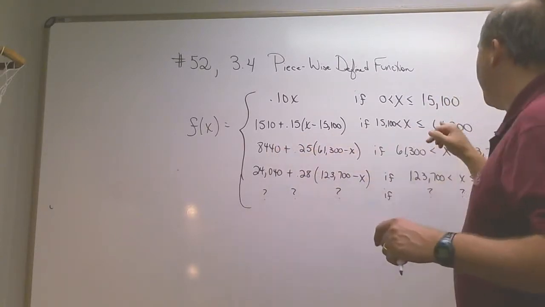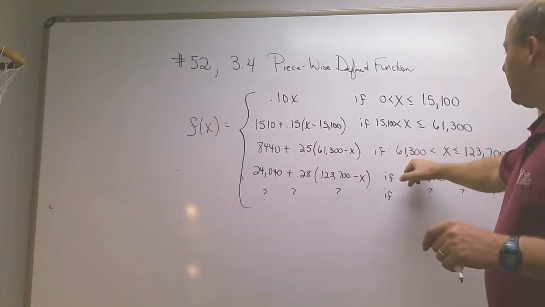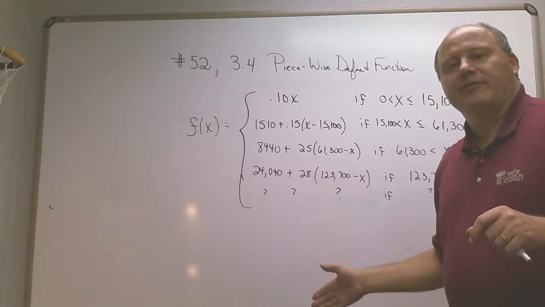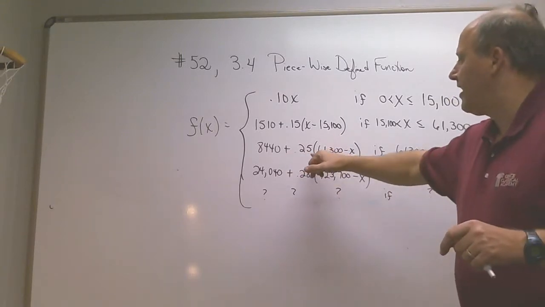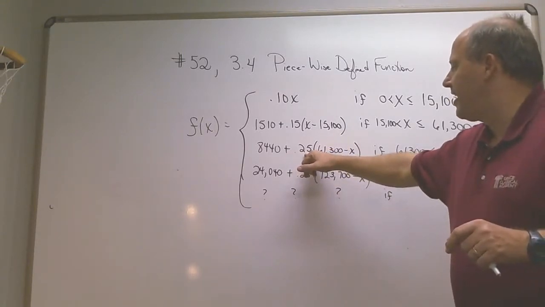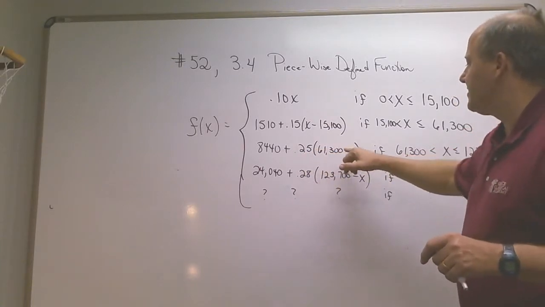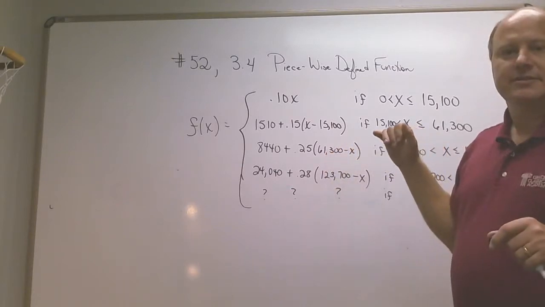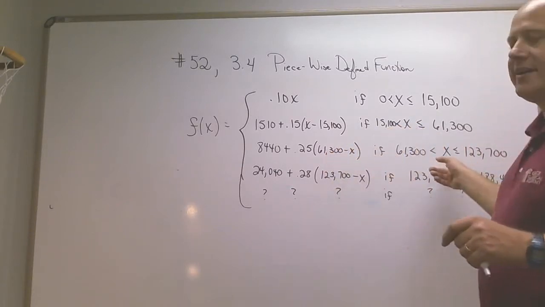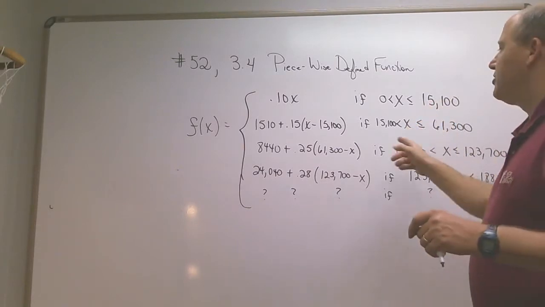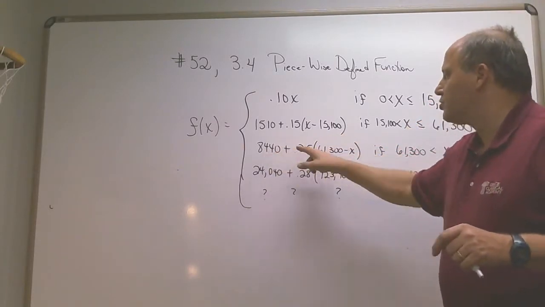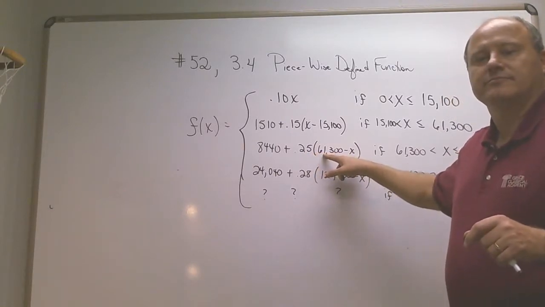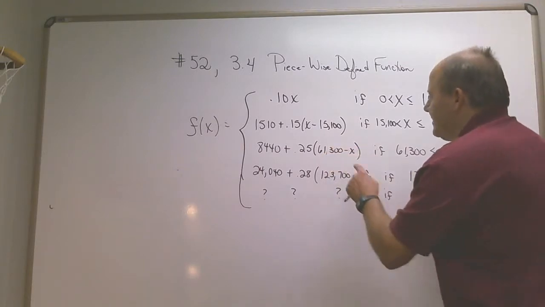But if you make from $61,300 up to $123,700, they're going to give you an even higher tax rate, and that's 25%. So 25% of the excess. Actually, I think I got these backwards.